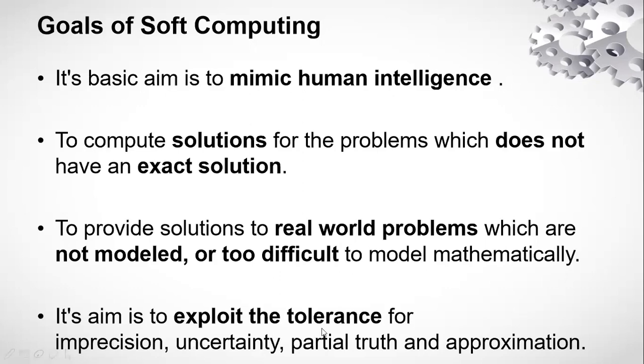Now, this is the basic principle of soft computing, with the help of which it mimics human intelligence: to exploit the tolerance for imprecision, that is not precise; uncertainty, not clear; partial truth, that means there is a certain value between true and false, that is partly true or partly false, neither true nor false; and approximation, that is not clear and not exact.